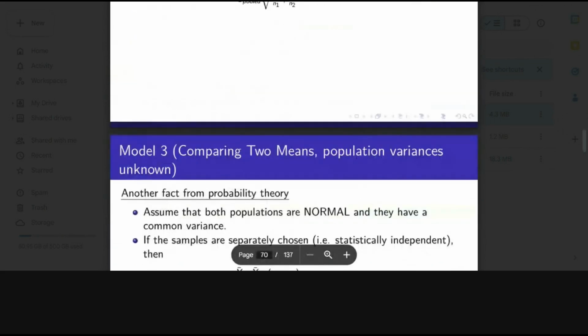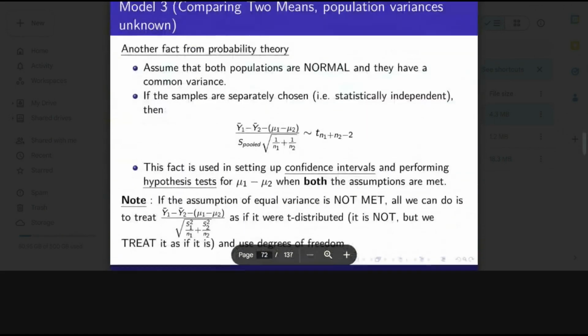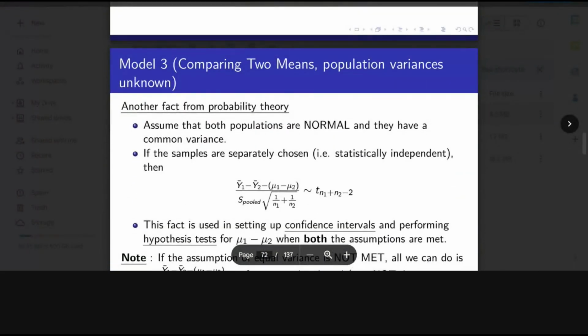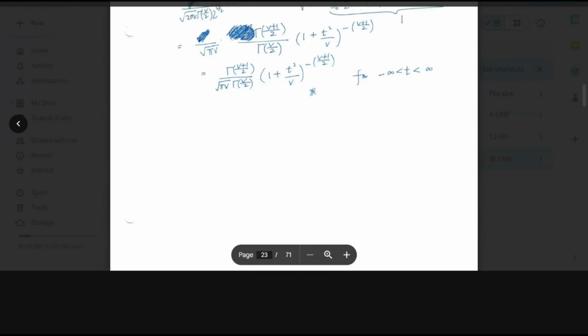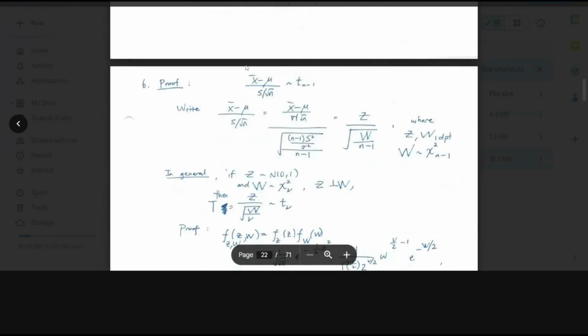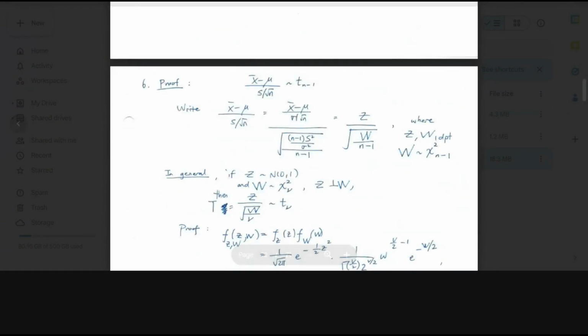So can anyone tell me why this is consistent with what we just showed? I think I still have the slides. See, we just showed that x bar minus mu divided by s over root n is T with n minus 1 degrees of freedom, right? Can anyone see a link? When this was just one population, this was T n minus 1. Can anyone see the connection? Why does it make sense?